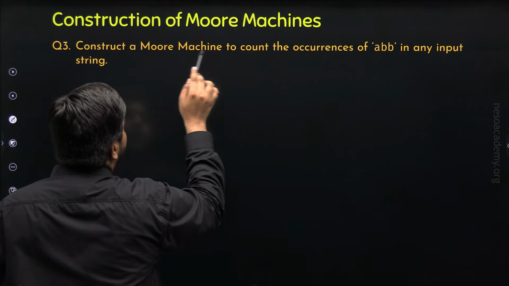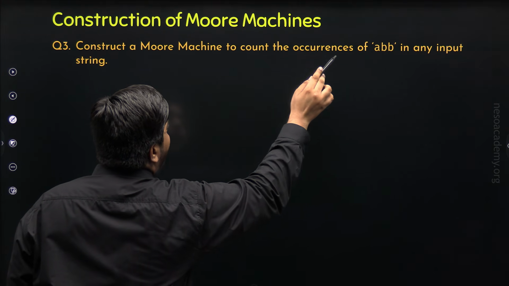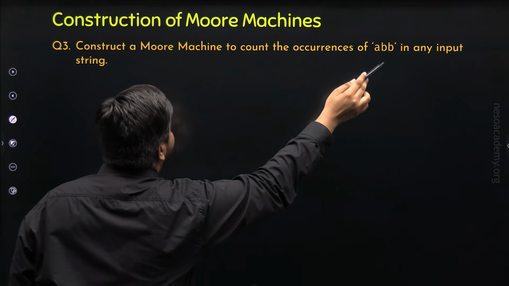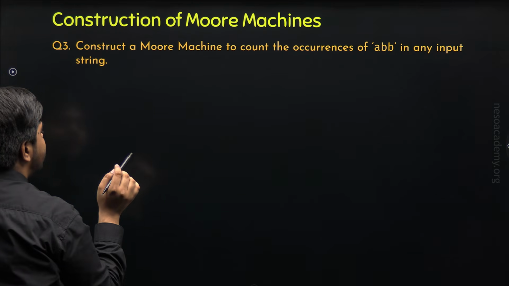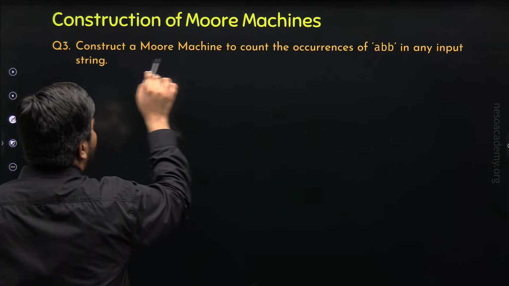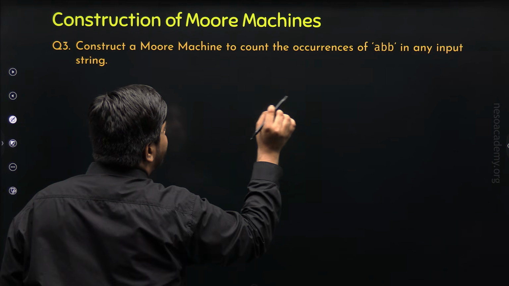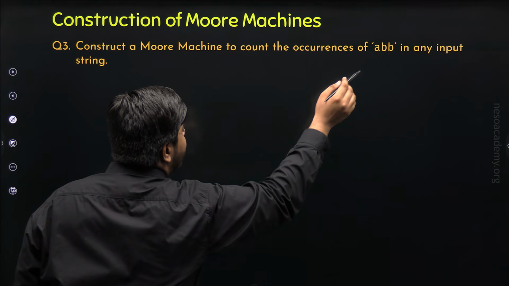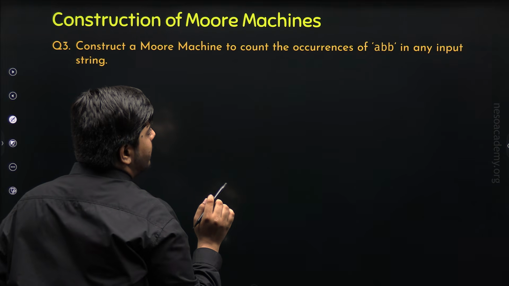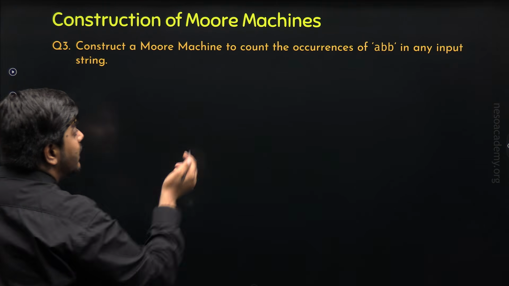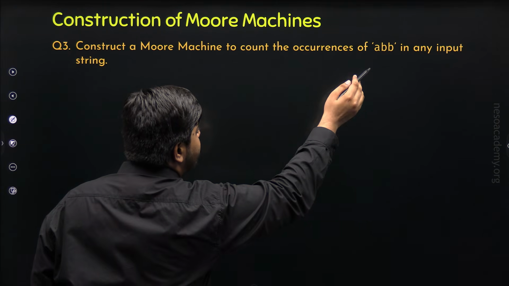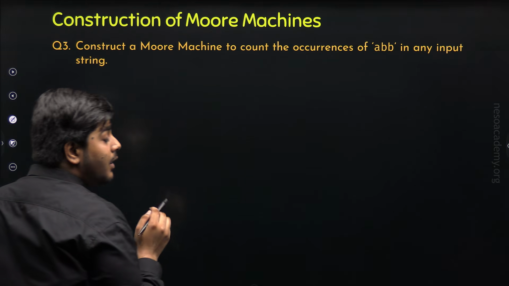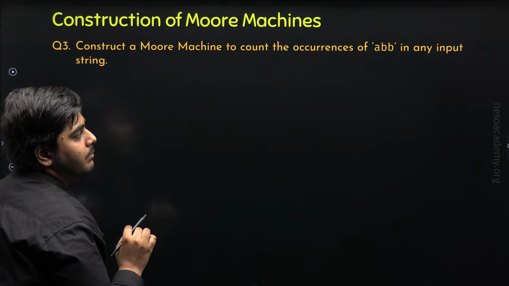Construct a Moore machine to count the occurrences of ABB in any input string. That means you are required to construct a Moore machine to count the number of times ABB is present in our input string. Now, how do we count the number of occurrences of ABB in our input string? By generating an output symbol.